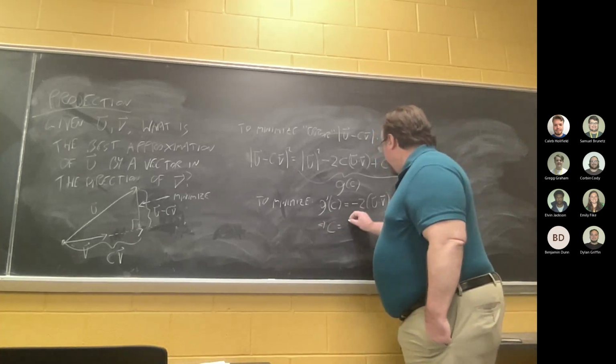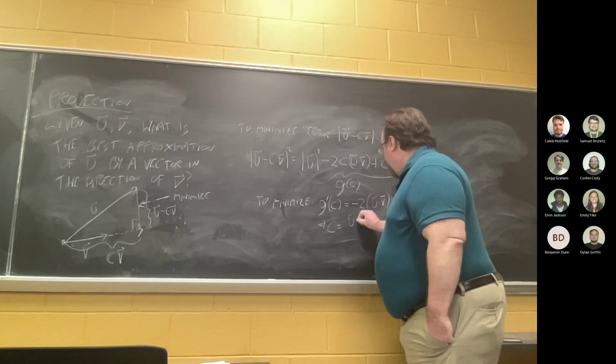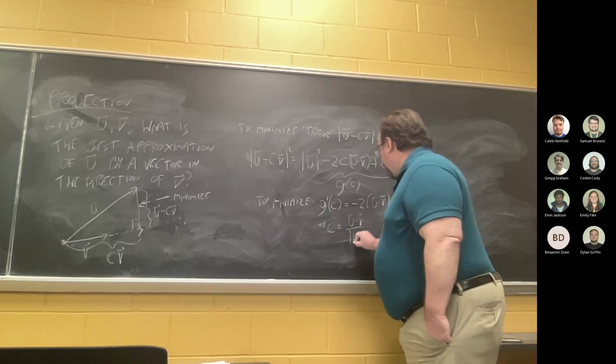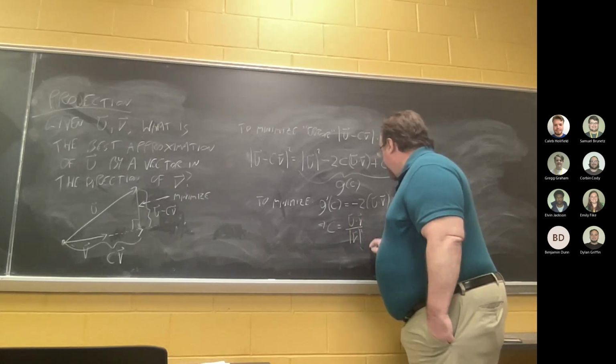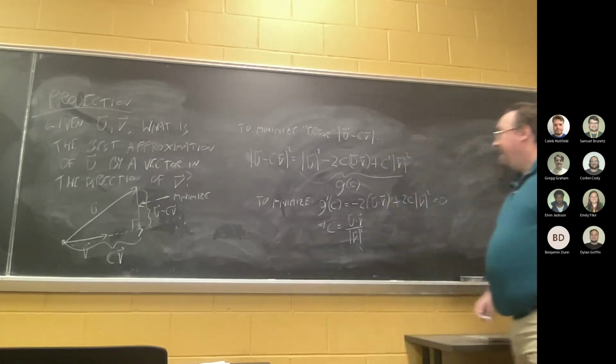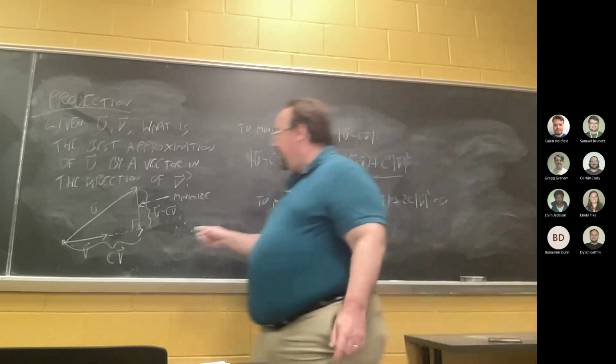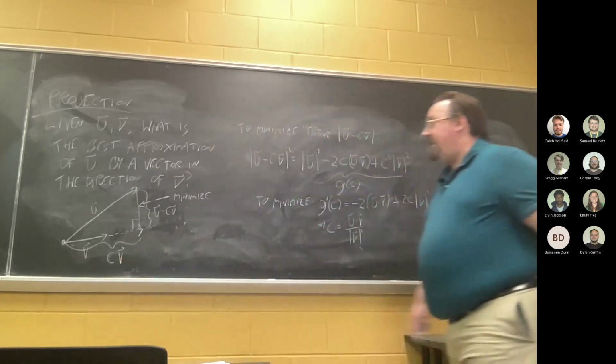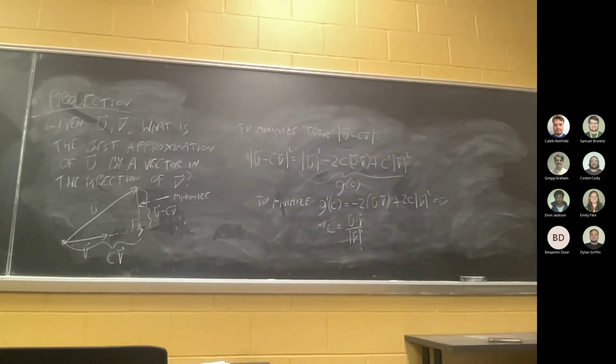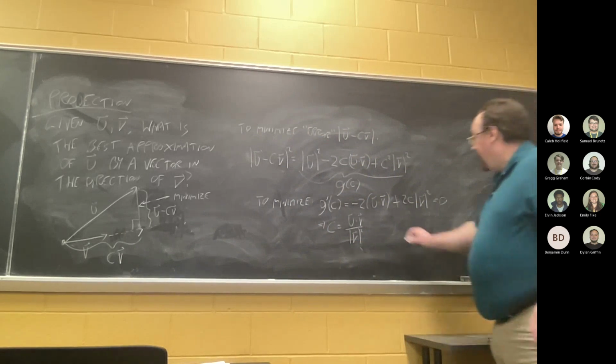So c is equal to u dot v over the magnitude of v squared. So that is the correct multiple of v that gives you the best approximation of u.